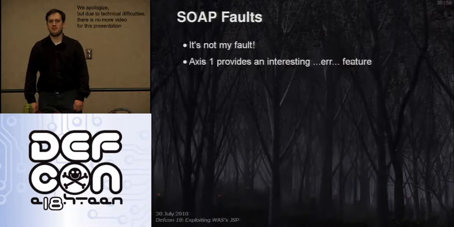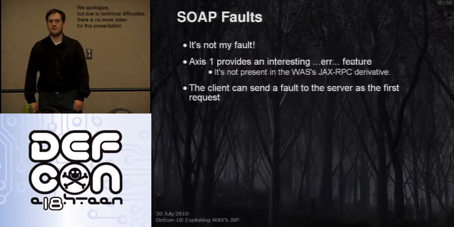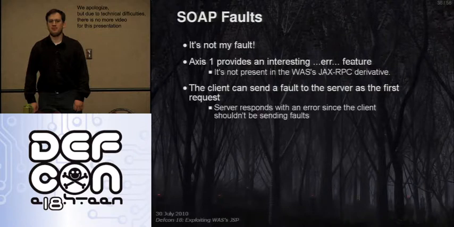Axis 1 provides an interesting feature, which unfortunately is not present in the WAS implementation, the WAS extension of Apache Axis 1. So we can't use it directly with WAS. And what happens is that the client, for whatever strange reason, can actually send a fault to the server as its initial request. Usually this isn't something that should be happening, so not surprisingly the server says, what? Send me faults.